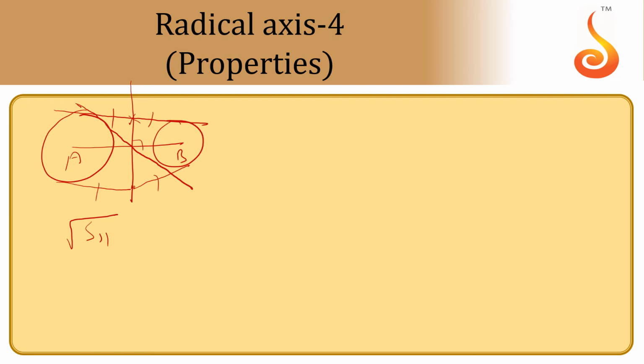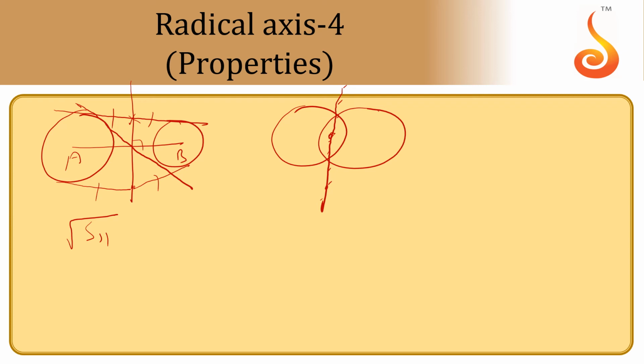Means indirectly the length of tangent is also the same. But why are we using the word power? Because suppose two circles intersect like this, this is the radical axis. From this point you can't use the word length of tangent. From this point you can use the word length of tangent. For every point you can use the word power. That's why we define using power.